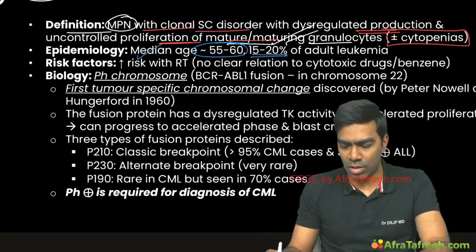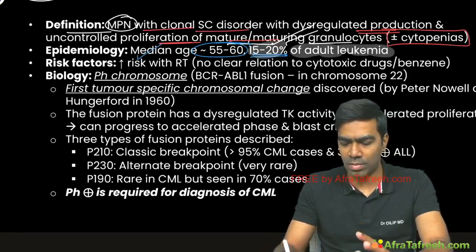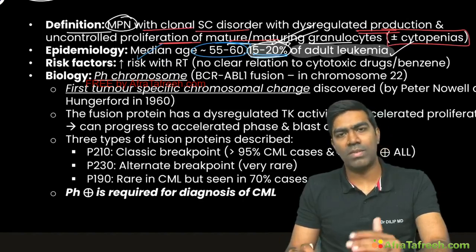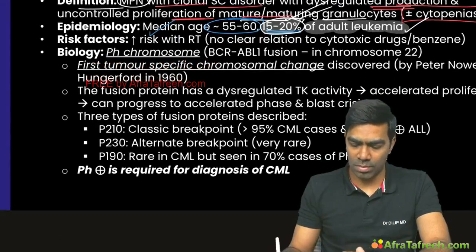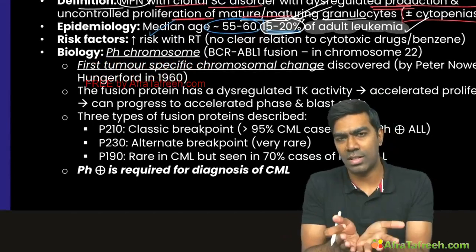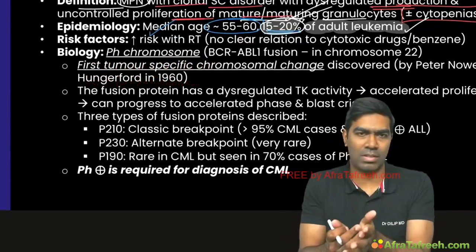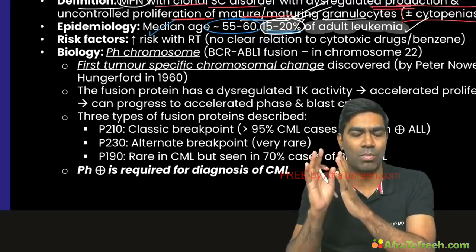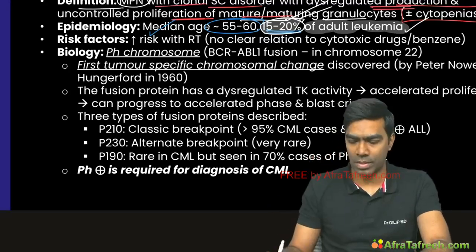And it contributes to 15 to 20% of adult leukemias. The most common adult leukemia is actually AML. But CML contributes approximately 15 to 20% of adult leukemias. But basically, we don't consider CML as a leukemia in the first place. Rather, we consider CML as a clear-cut myeloproliferative neoplasm.